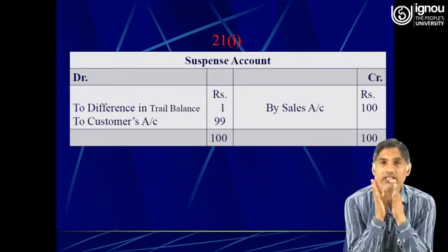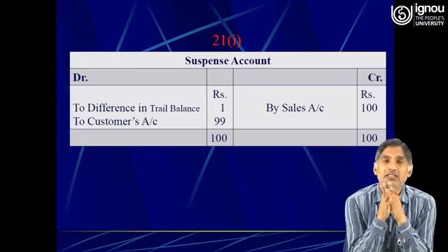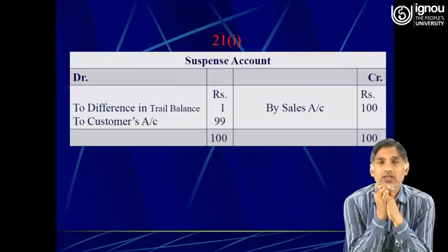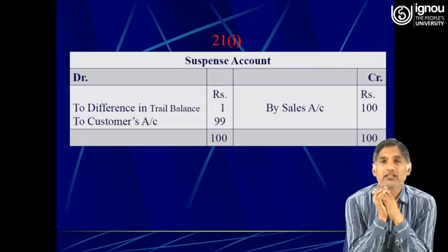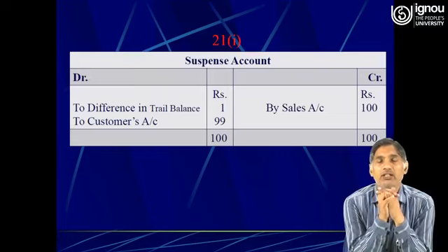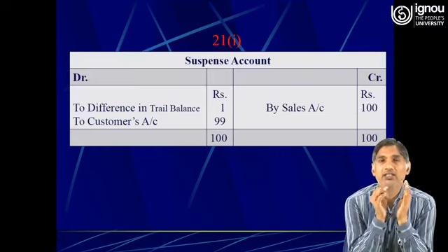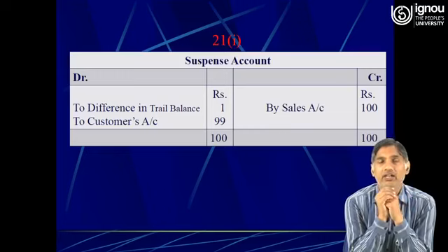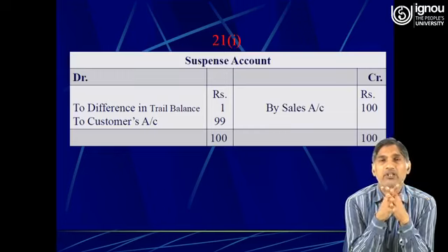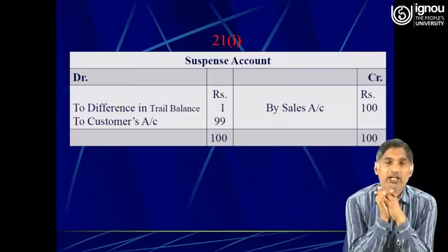But if there is a balance, if there is a difference in the suspense account, it means that there are still some errors which have not been located, and these errors need to be located and rectified. Then the suspense account will automatically get closed.